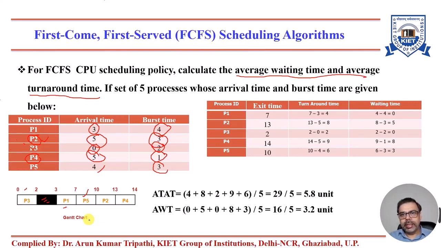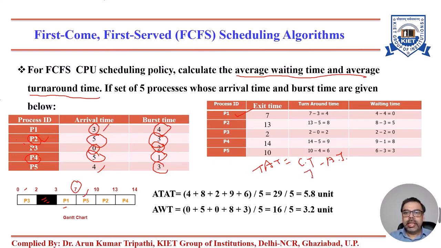How can we calculate the turnaround time and waiting time? We have already gone through the formula. The turnaround time is defined as completion time minus arrival time. So here for the process P1, P1 completes at the time of 7 units, and it arrives at the time unit 3.